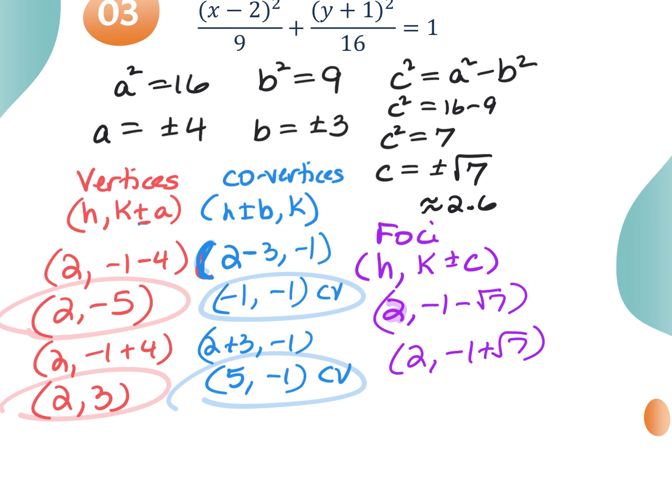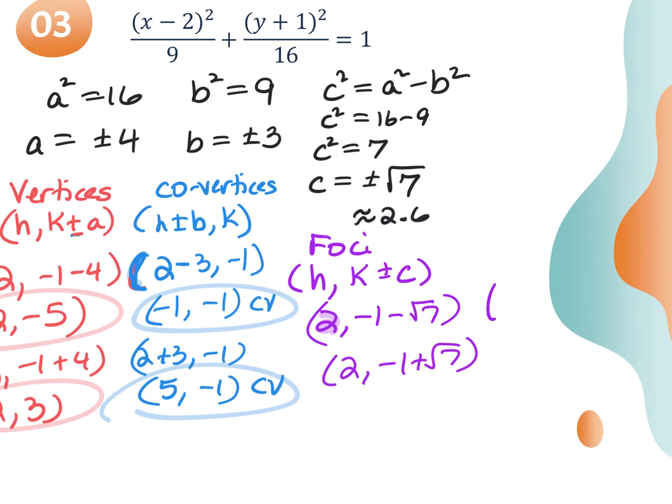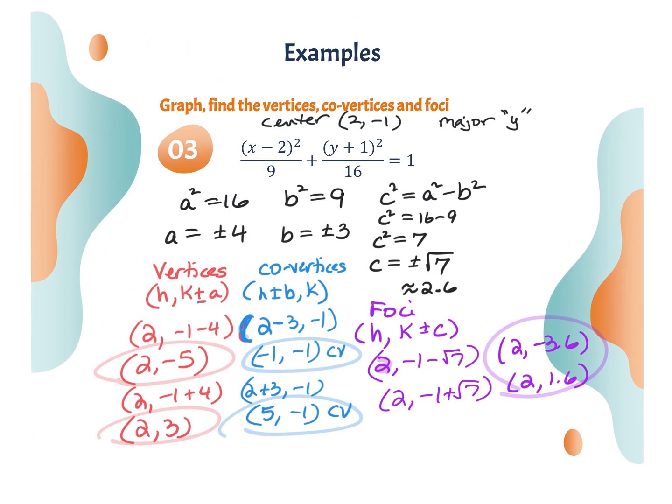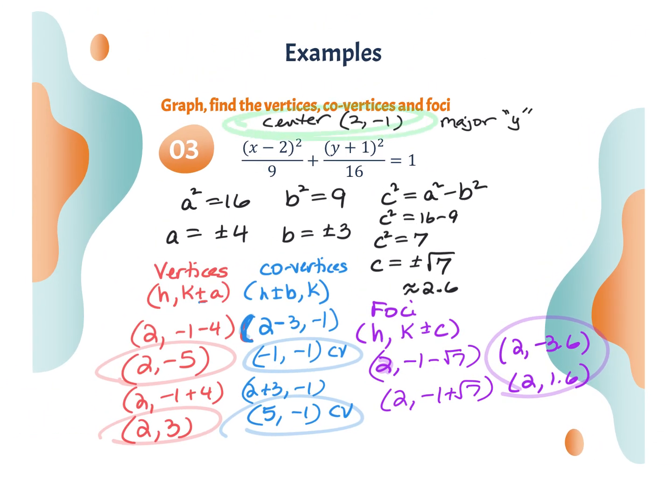Now, again, we approximated the square root of 7 to be 2.6. So when I go to graph this, I'm going to be graphing 2 comma negative 3.6 and 2 comma 1.6. These will be my foci that I'm going to graph. So now I'm going to put in the center, which is this ordered pair here, the h and the k, and then the 6 ordered pairs: the 2 vertices, the 2 co-vertices, and the 2 focus points.